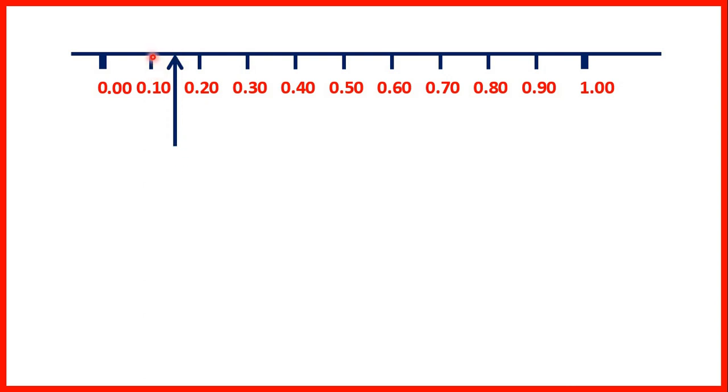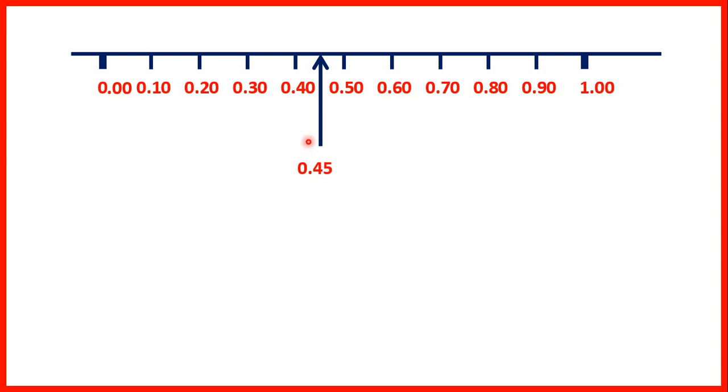Well, between 0.1 and 0.2, we have 0.15. That's right in the middle, and it makes sense if you think that 15 is right in the middle of 10 and 20. So where is the arrow pointing to now? Well, this is 0.45.